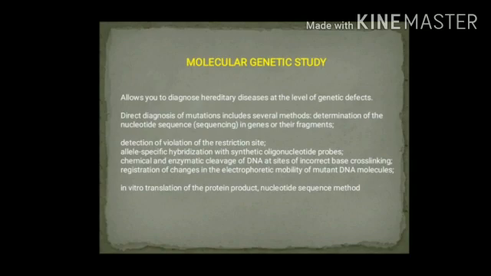Direct diagnosis of mutation includes several methods: determination of the nucleotide sequences in the genes or their fragments, detection of violation of the restriction site, allele-specific hybridization with synthetic oligonucleotide probes, chemical and enzymatic cleavage of DNA at sites of incorrect base cross-linking, registration of change in the electrophoretic mobility of mutant DNA molecules, in vitro translation of the protein product, and the nucleotide sequence method.